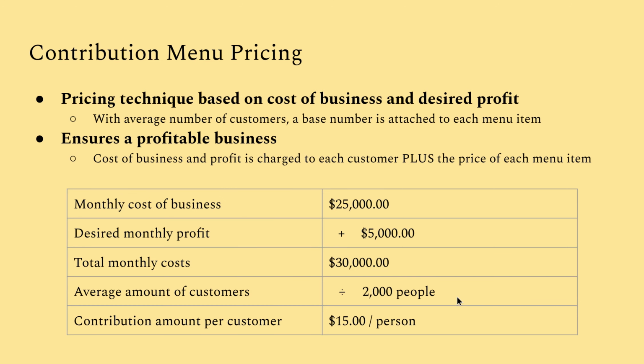We have an average of about 2,000 people. So when we take $30,000 divided by our 2,000 people, we are going to charge each person $15 per menu item as soon as they walk in, because at least we are going to guarantee that they are paying us for our cost of business and our profit. So let's see that work out.